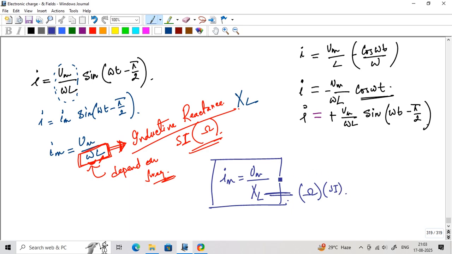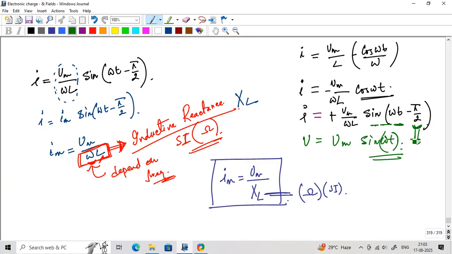Now the phasor diagram. Consider V equal to Vm sine omega t, and the current is sine (omega t minus pi by 2).